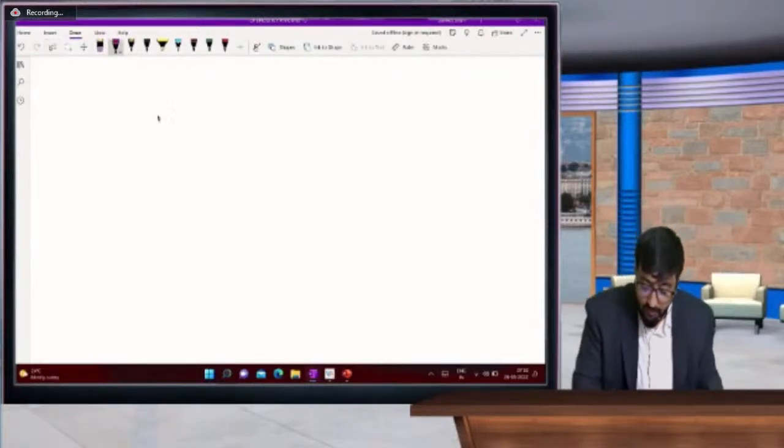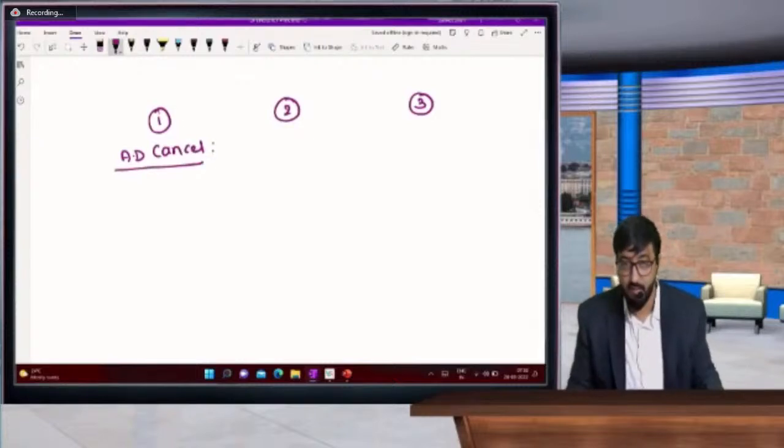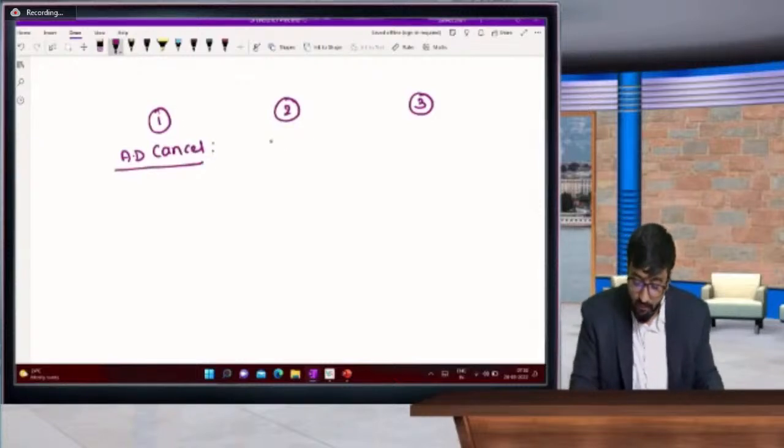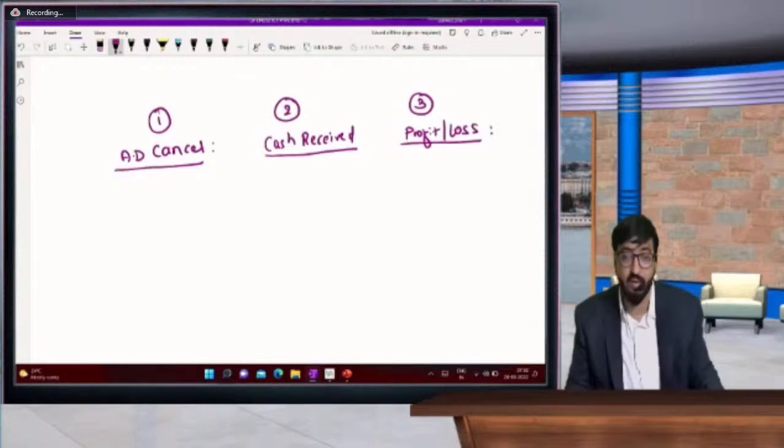There are 3 entries. First is AD cancel. Today I'm going slow. Second one, cash received. And third one is profit or loss.